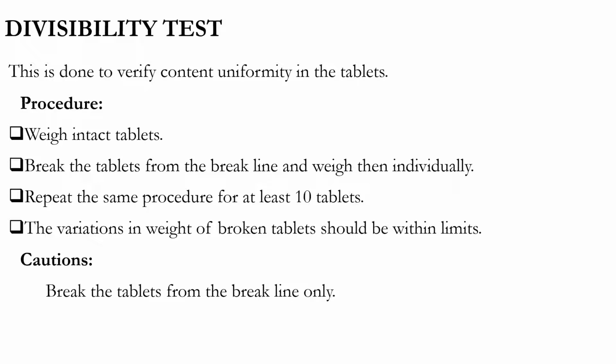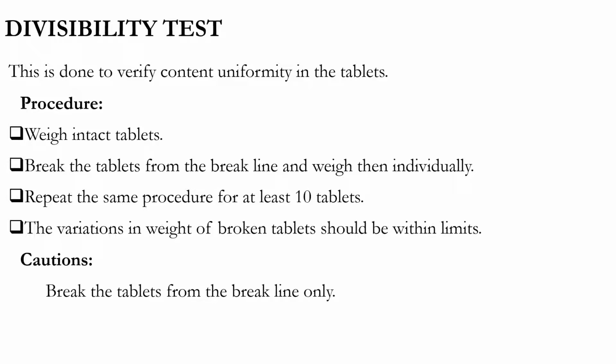For doing this experiment, weigh the intact tablets, then break each tablet from the mark line, the break line, and weigh the parts individually. If there is only one break line, there will be two parts. This test should be done for 20 tablets, 10 tablets from the sample.